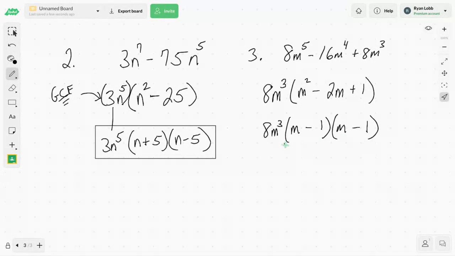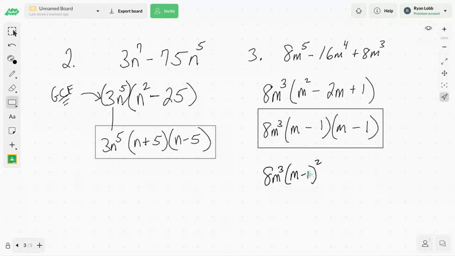We can also see at this point, since both of those factors are the same, that this must have been a perfect square trinomial. But we don't have to write it as such. This would be the same as writing this. They're equivalent, but in either case, they are factored completely. So there we have our factors.